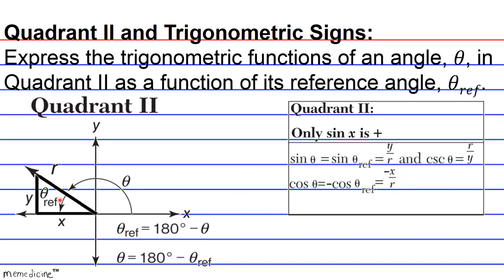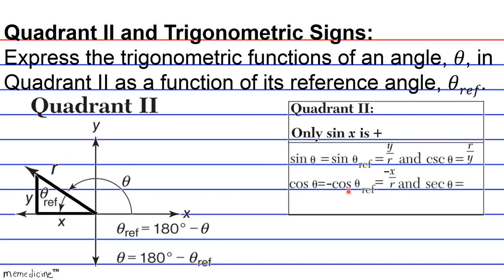Because in general trig, we know that the cosine of this particular reference angle is going to be the adjacent side, which corresponds to the x coordinate, which is now in the realm of negative x. Okay, that's where this negative comes from, divided by the hypotenuse length.